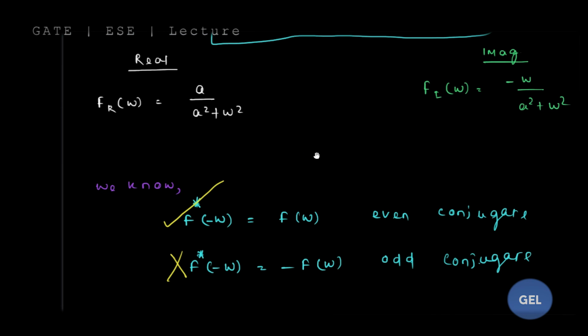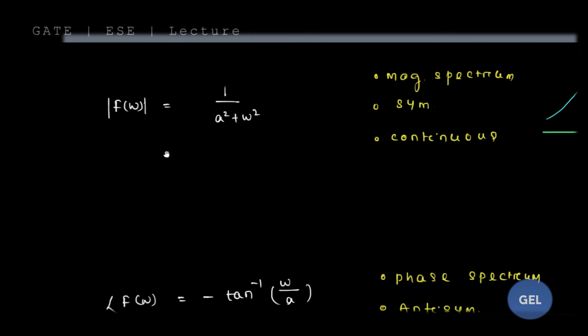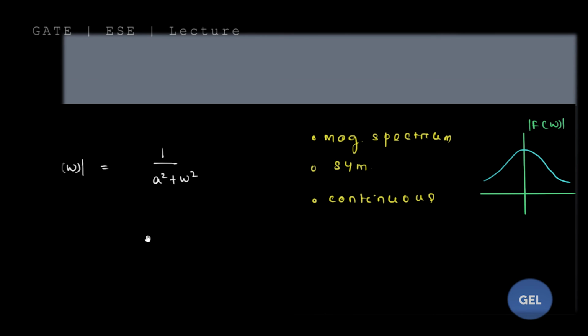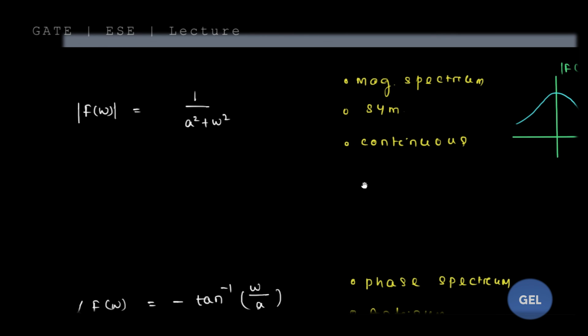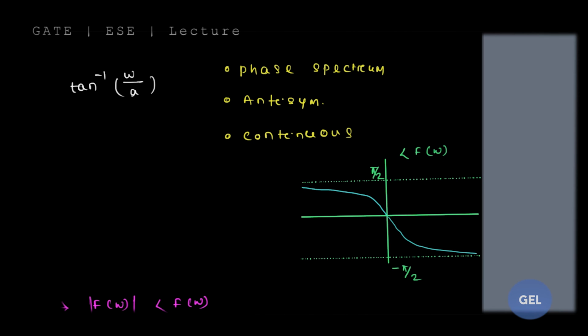It is observation 1. Please write it down in your words. Then we analyzed its magnitude spectrum and phase spectrum. So this is your frequency spectrum analysis, magnitude spectrum analysis and phase spectrum analysis we did here.